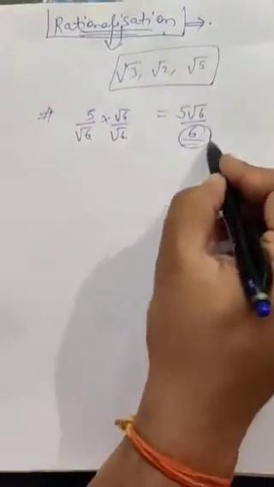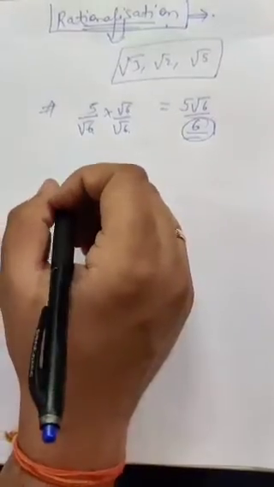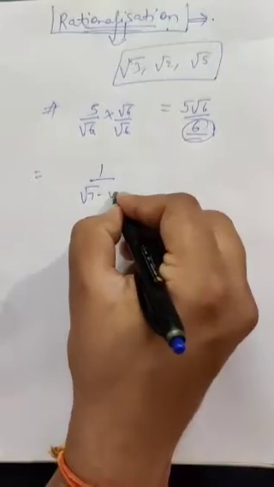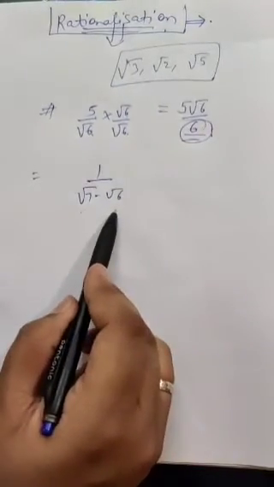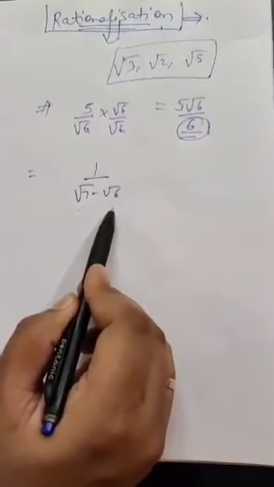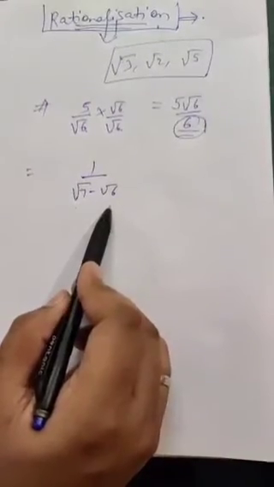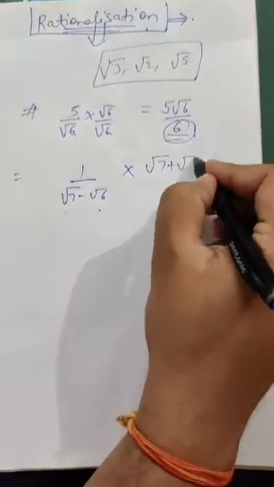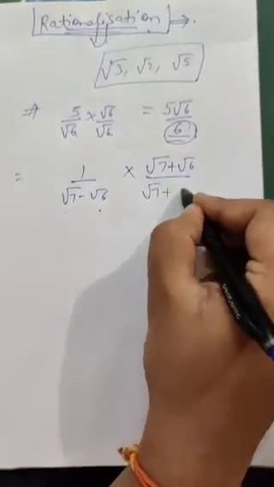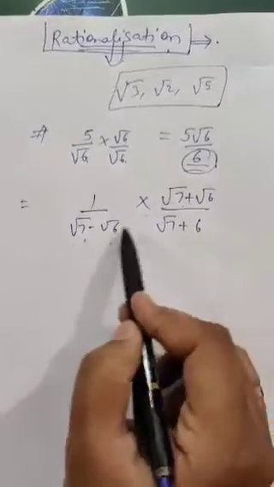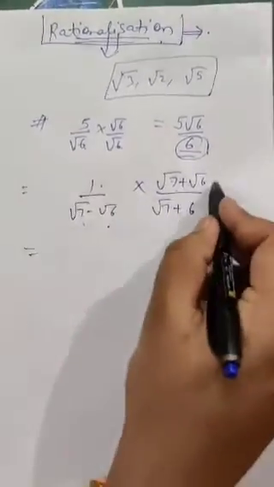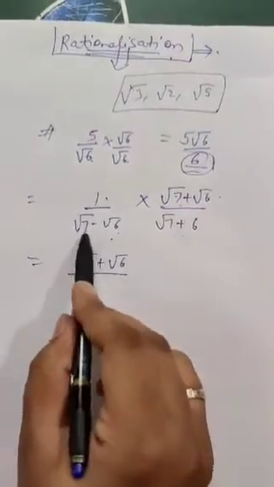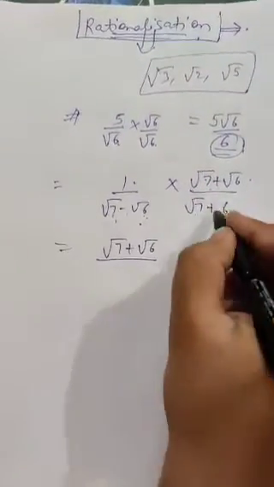So we can say that there are various steps in order to rationalize a number. For example, 1 upon root 7 minus root 6. This is an irrational number in the denominator, and if we have to remove it, we will multiply and divide by the same number, but the sign will change. For example, root 7 plus root 6 divided by root 7 plus root 6, the same number, but the sign will change. Now 1 multiply root 7 plus root 6, that is root 7 plus root 6, divided by root 7 minus root 6 into root 7 plus root 6.